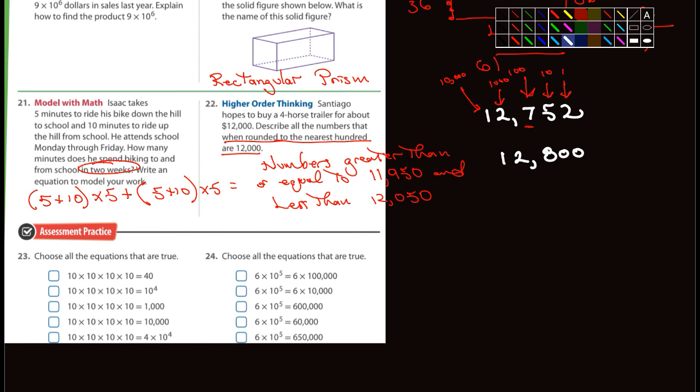Well, first off, if I'm rounding to the hundredths place, I'm not worried about anything less than that. And the number just to the right of the number that I'm rounding, that's the 7, is a 5 or larger. Therefore, the hundredths place right there would be the next larger number. So instead of 7, it would become 8.